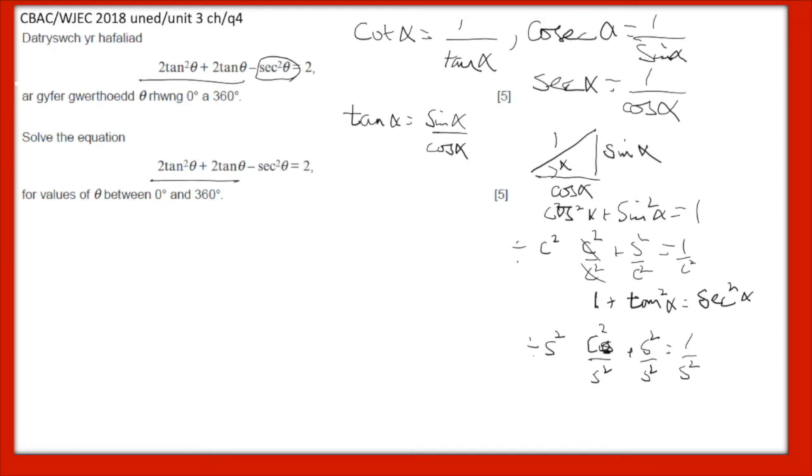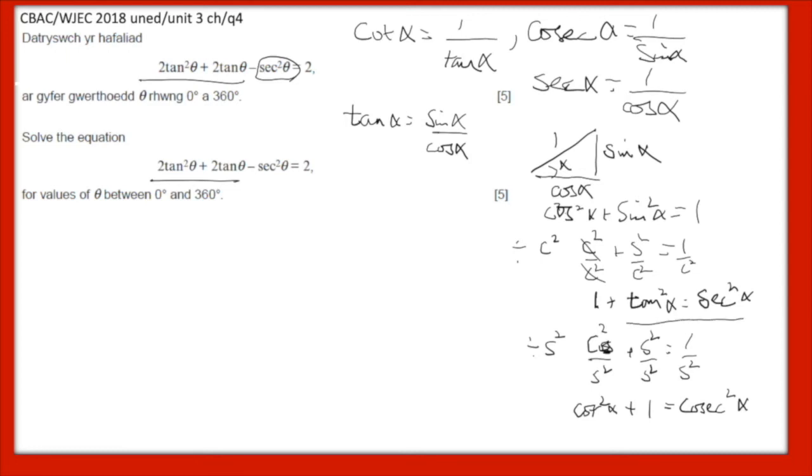Cos squared over sine squared is cot squared plus 1 is equal to cosec squared. Doesn't matter what angles I was using there because these are true for all angles.